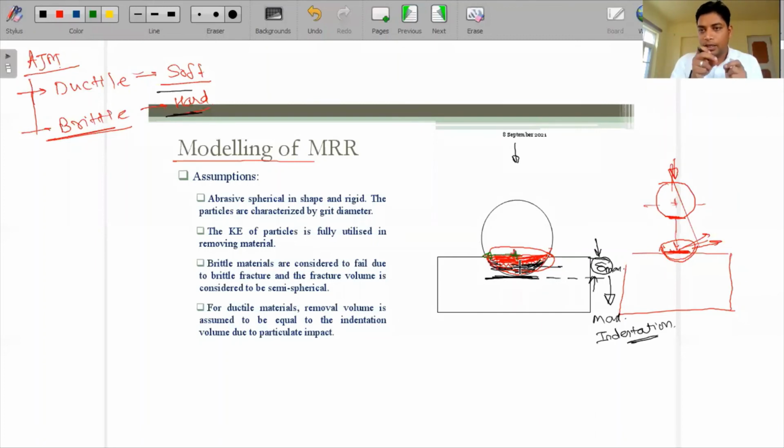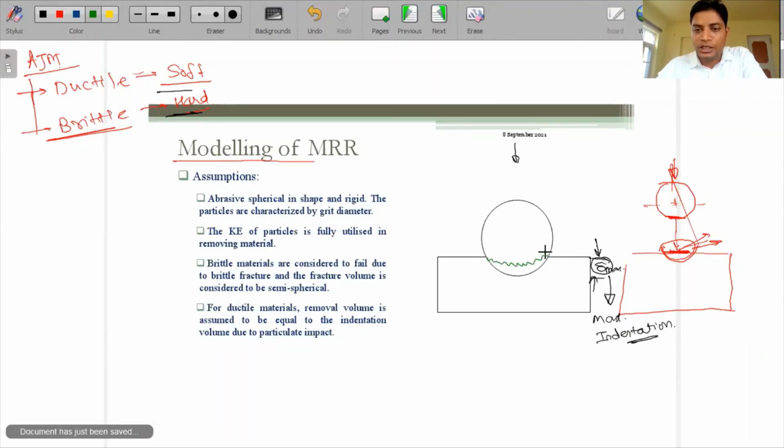The reason is, it is spherical in nature, but exactly we cannot say which nature it is, because the material has become like this. So we cannot say whether it's a hemisphere or not, but from the top view it looks like a circle.